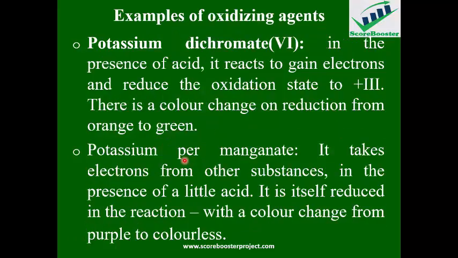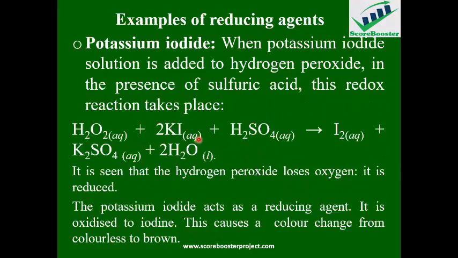So to add to our list, you can put hydrogen peroxide as an oxidizing agent, because this is a typical example of where it has acted as one. This one has been reduced, this one has been oxidized. If something has been oxidized, it is a reducing agent. Hydrogen peroxide has been reduced, so it is an oxidizing agent.